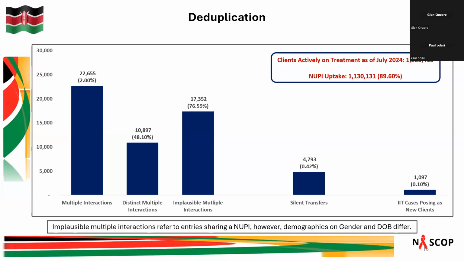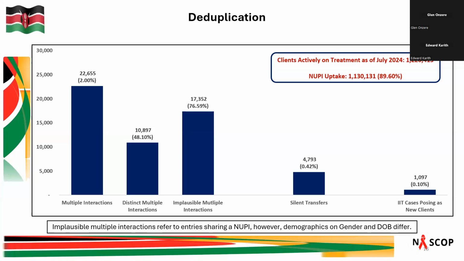So without NUPI, this exaggerates the TX card number by around 11,758, although 3/4 of these were implausible, since they appear to have the same NUPI but differ in characteristics such as age and gender.